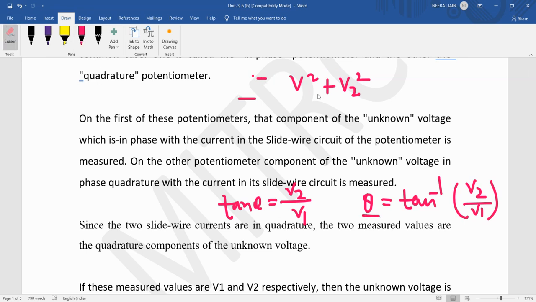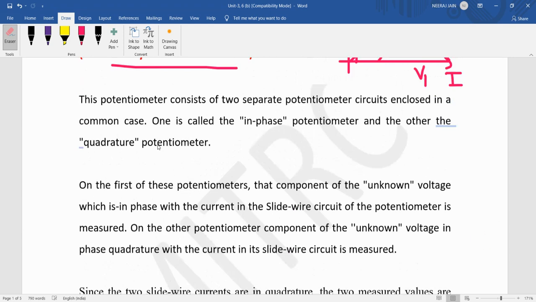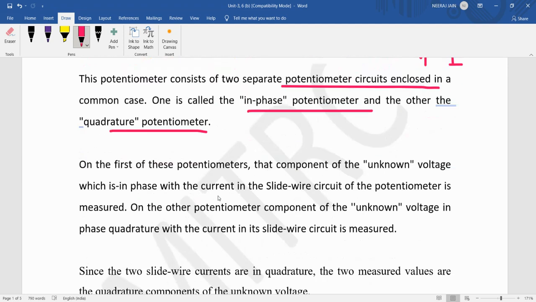Now, what is the arrangement we are using in the potentiometer we are discussing here? It contains two separate potentiometer circuits. One is called the in-phase potentiometer and the other is the quadrature potentiometer.